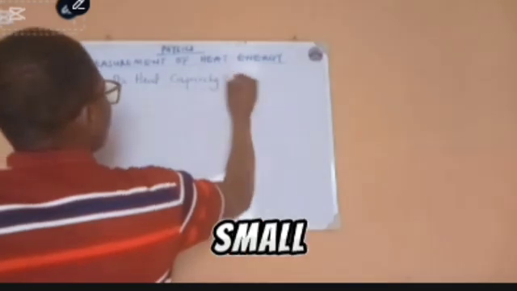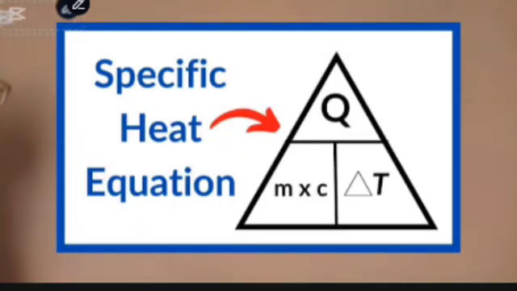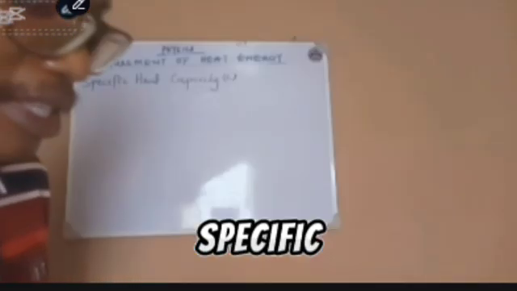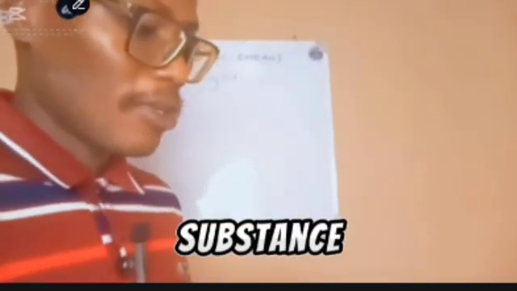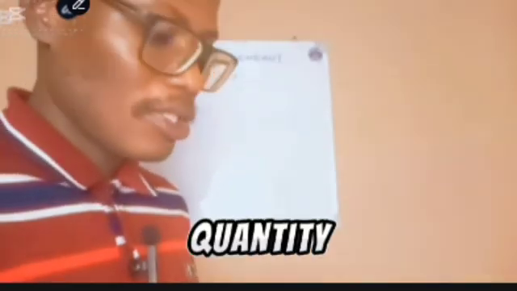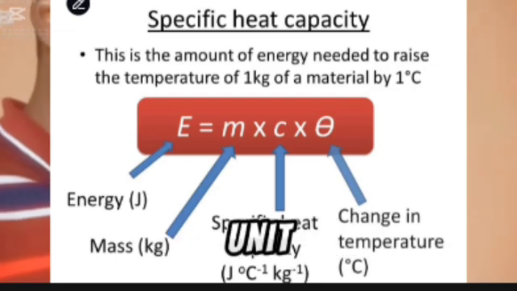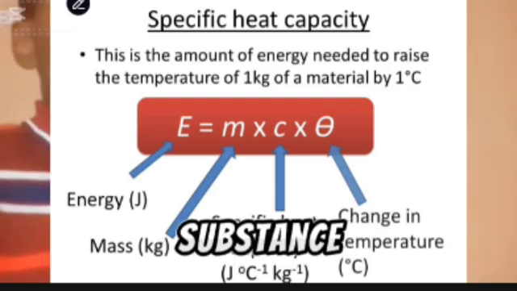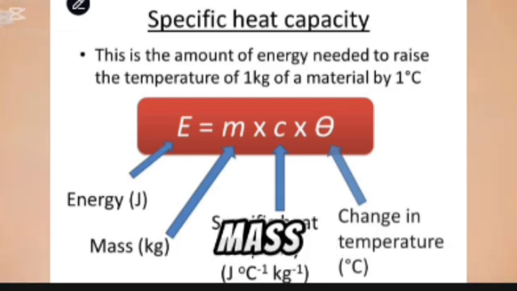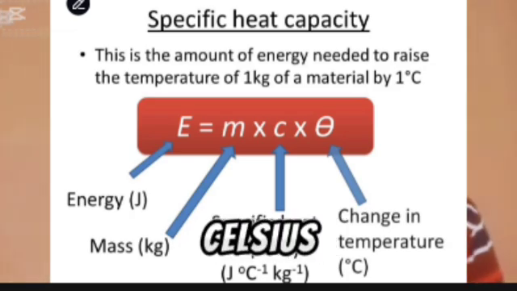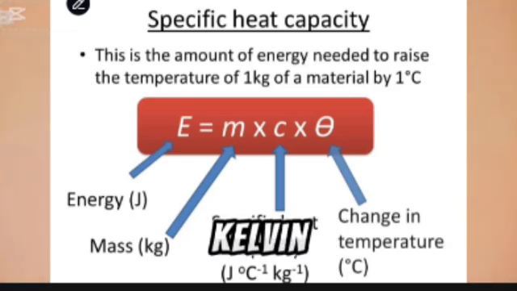The symbol is small letter C. So specific heat capacity of a substance is the quantity of heat required to raise the temperature of a unit mass of a substance by 1 degree Celsius or 1 Kelvin.